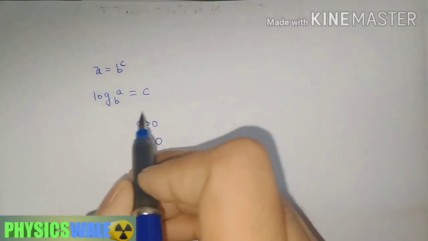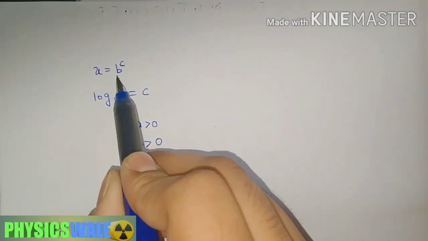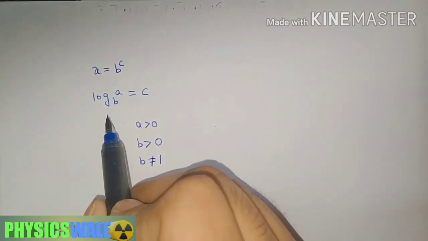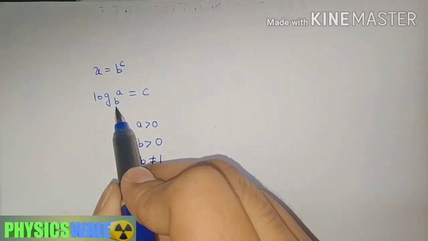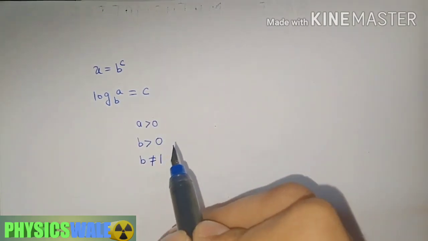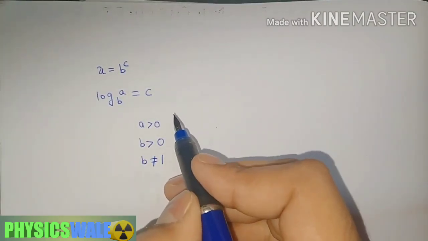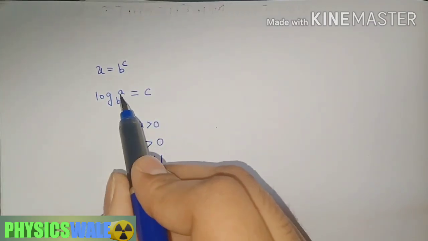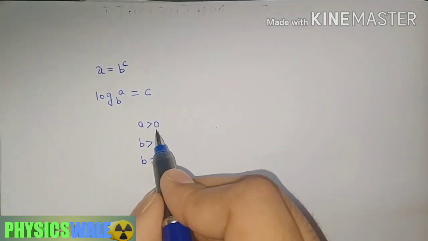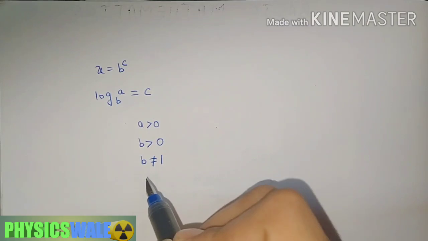So far we have learned that a is equal to b raised to the power c can be written as log of a to the base b is equal to c. Now for this to hold true, some conditions have to be satisfied. This number a should always be greater than 0 for this logarithm to be defined.